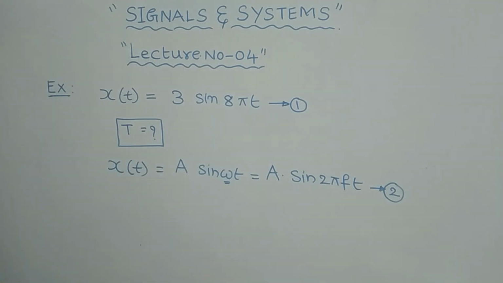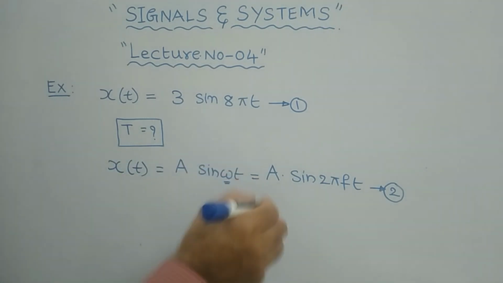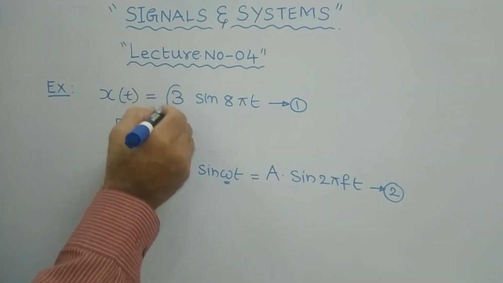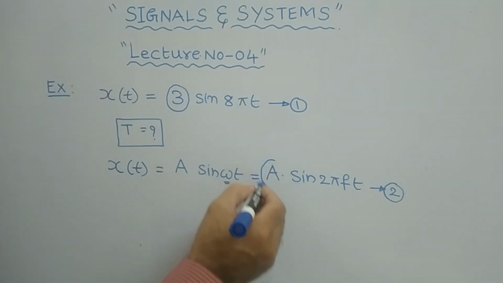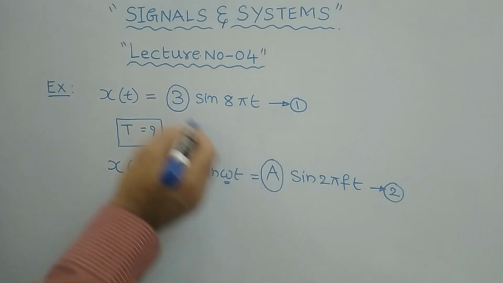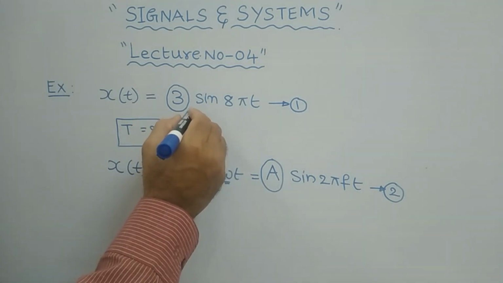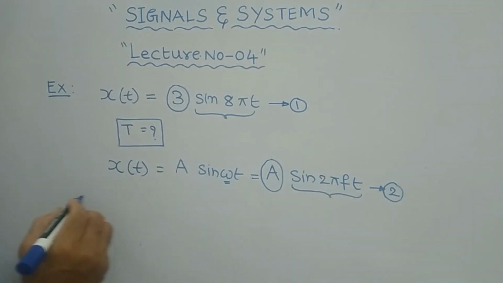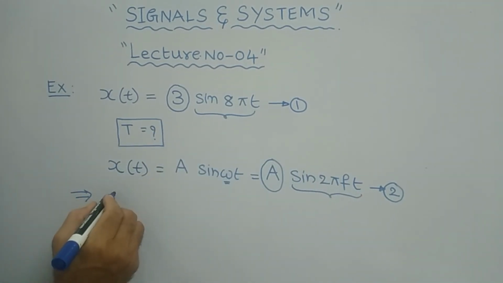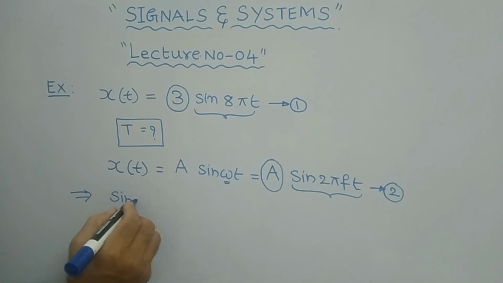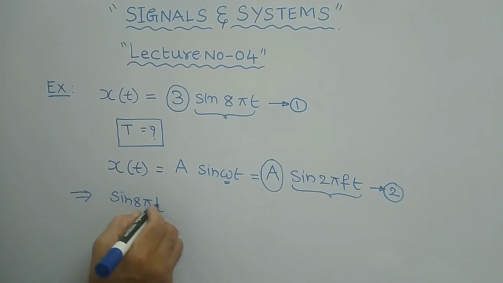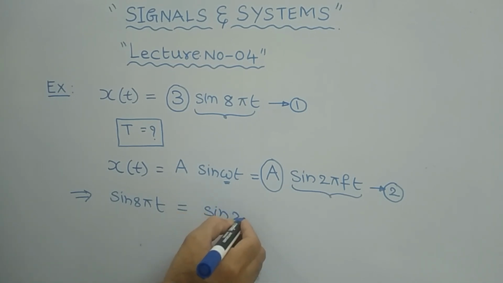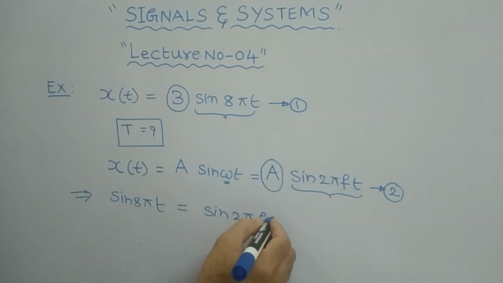Compare equation 1 and 2. Therefore on comparing these two, I already told you that you need not bother about the magnitude values. Not required to consider the magnitude values. Then the remaining term you should equate. That means sin 8 pi t is equal to sin 2 pi f t.